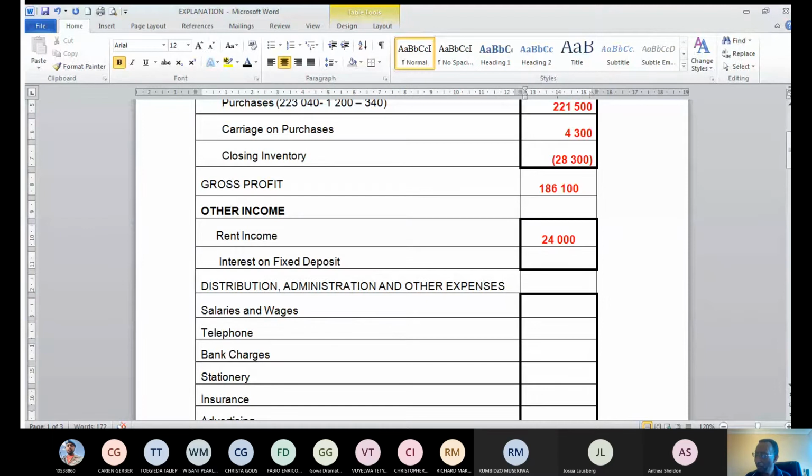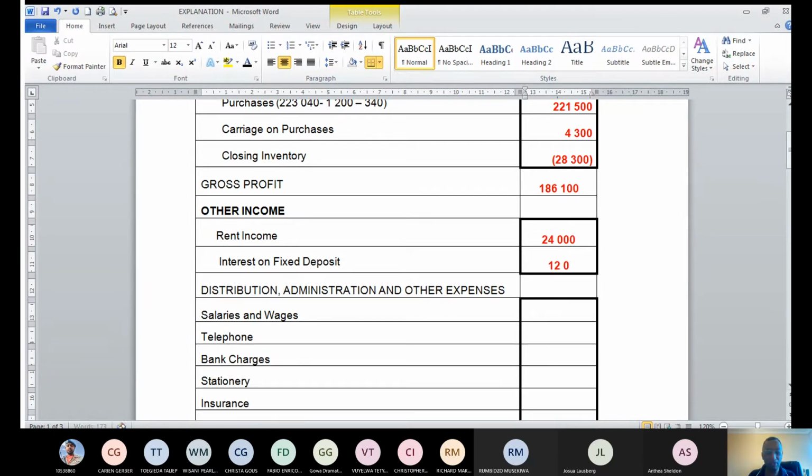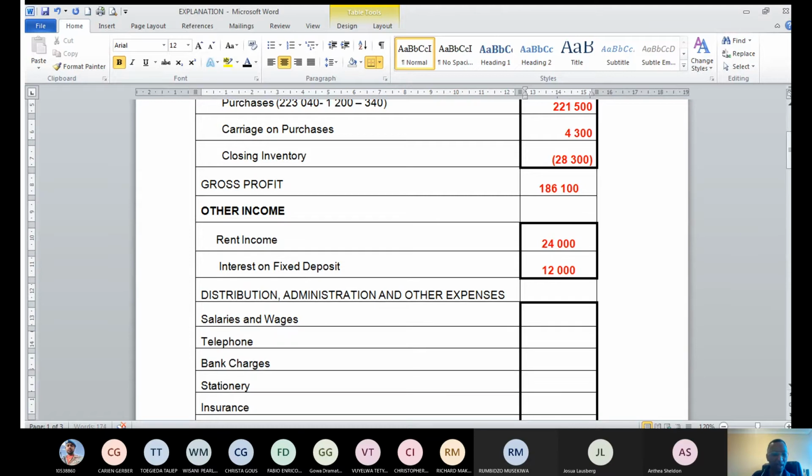The next account on the credit side is the settlement discount received, but we have accounted for that already because we subtracted that from purchases, and the only other income account that we do have is our interest on fixed deposit, which amounted to 12,000 Rand. We block that. That's the only incomes that we've got. And our total income then amounted to 36,000 Rand.